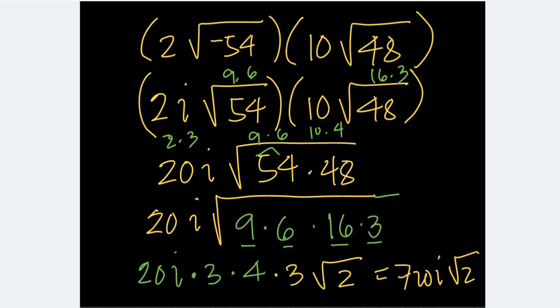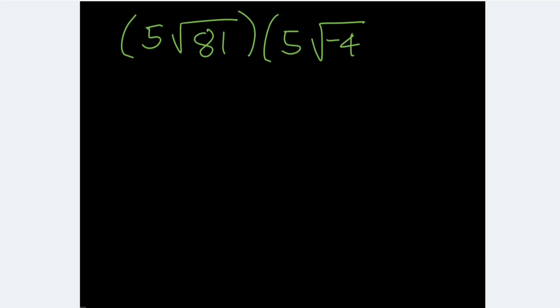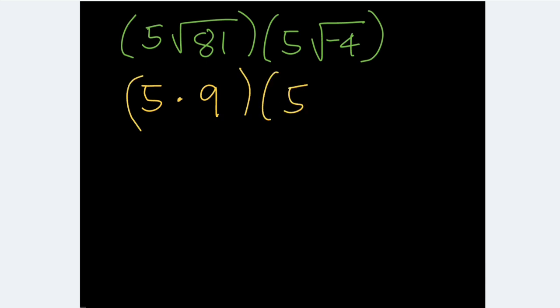Alright, okay. The next one, was that correct? 5 square root of 81 times 5 square root of negative 4. So square root of 81 is 9. So this is 5 times 9 times 5.